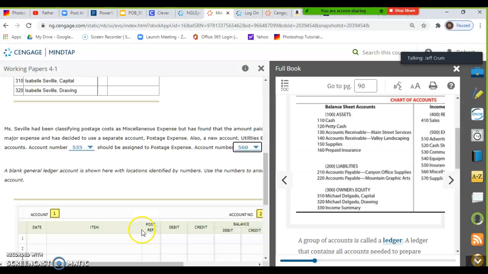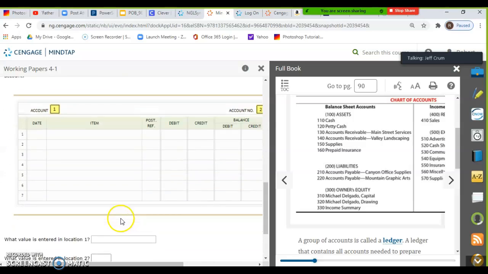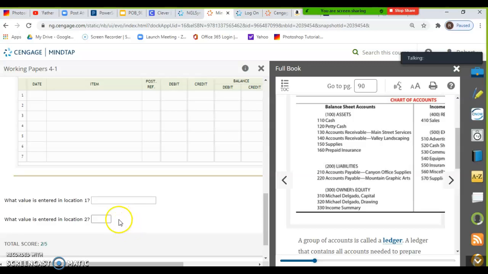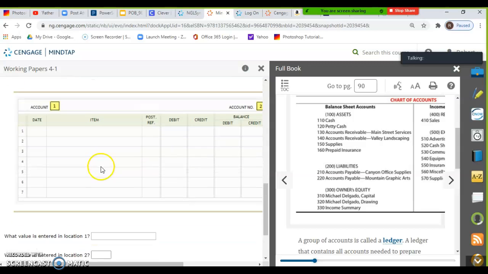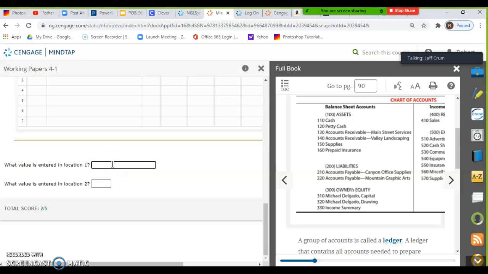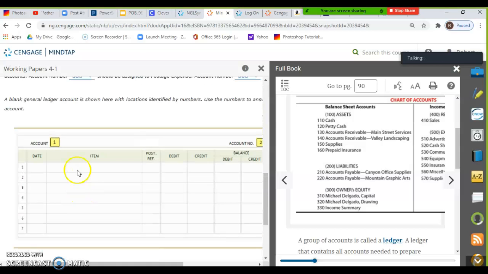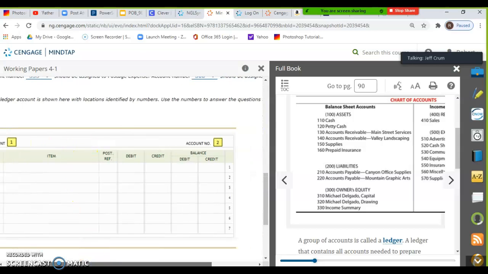And then we've got a blank ledger where it wants us to open a cash account. So in this one, what is the value entered in location 1? It's going to be cash. This is going to be a cash account. Let me make sure.